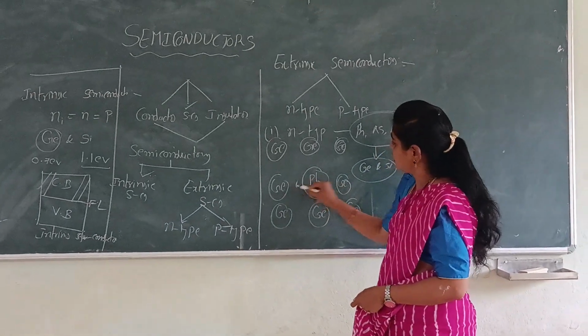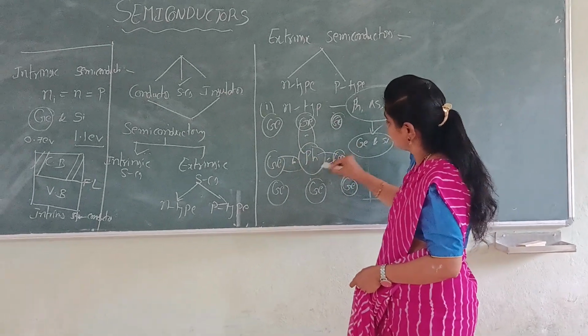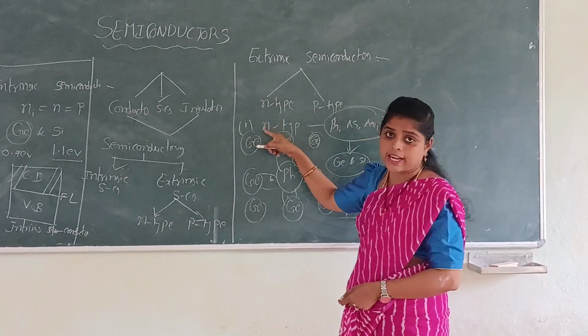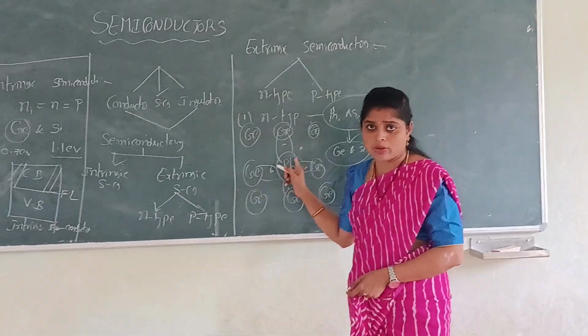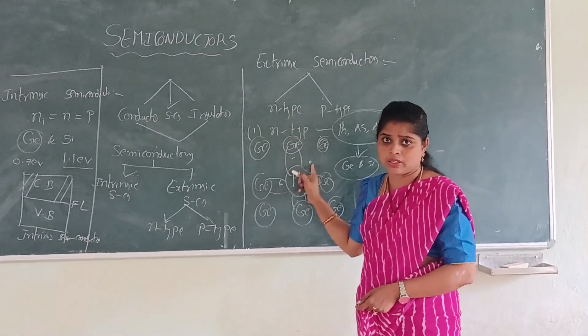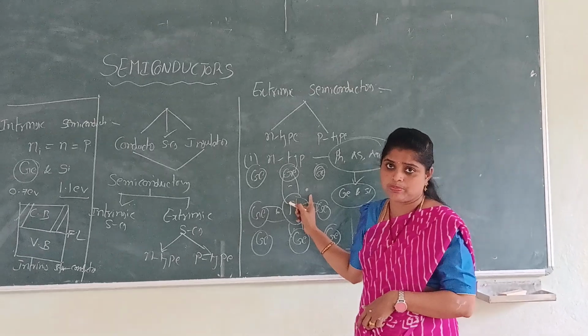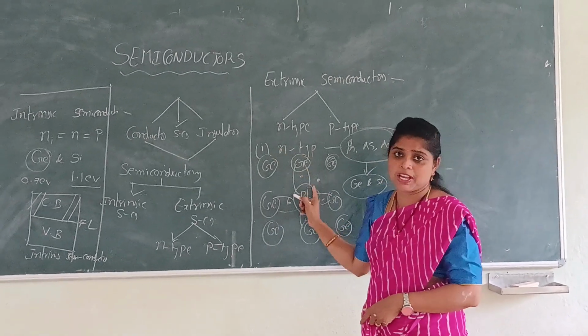Four electrons are shared with the nearest neighboring atoms, forming four covalent bonds, and one more electron remains in the outermost configuration. So the majority charge carriers are electrons and minority charge carriers are holes in N-type semiconductor.